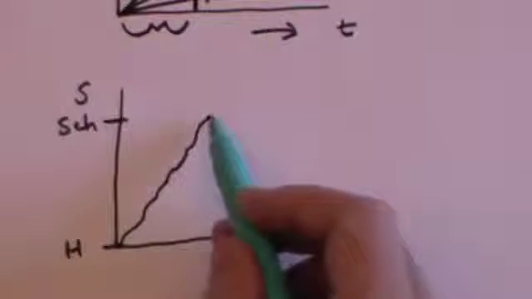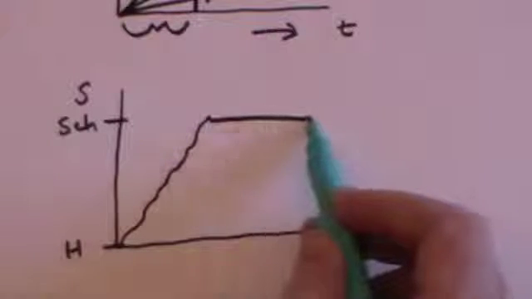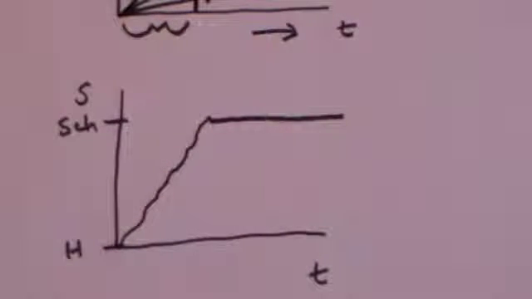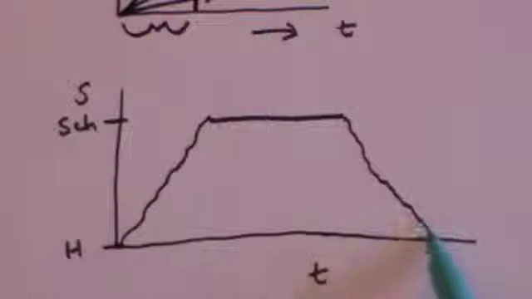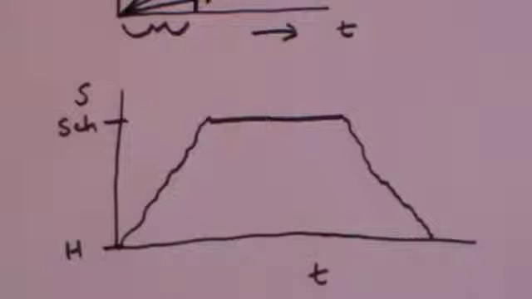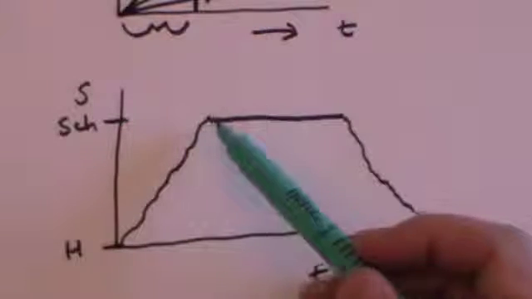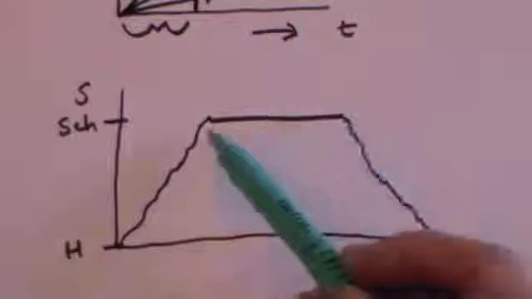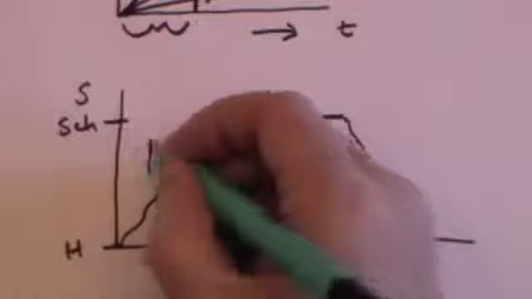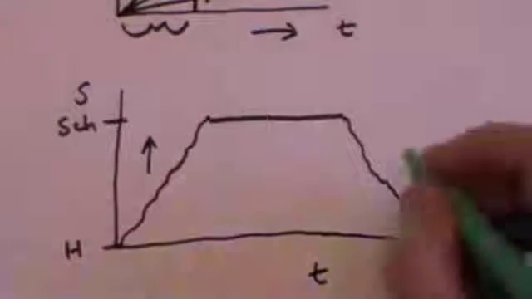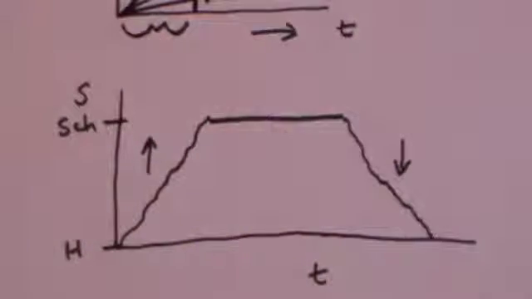When you get to school, you stay there, so you don't change your distance, but of course time passes by as you stay at school, and then at the end of the school day you wander home again, and eventually you arrive at home. Now you'll notice that it's perfectly possible to go out and then stay where you are, where the line is flat, and then come back again.